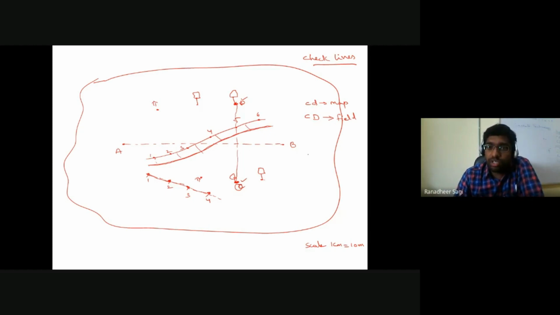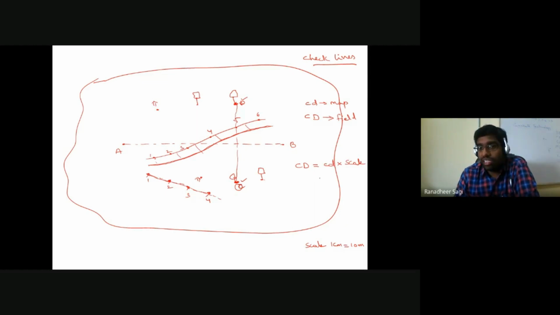Now the data from my map has to be multiplied with the suitable scale which you have chosen for constructing that map. Then I can say my distance in the field CD should be equal to the distance in the map cd into the scale chosen for constructing this map.